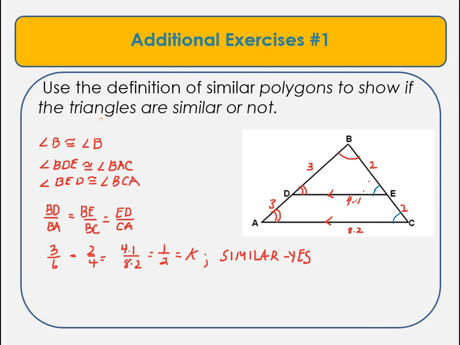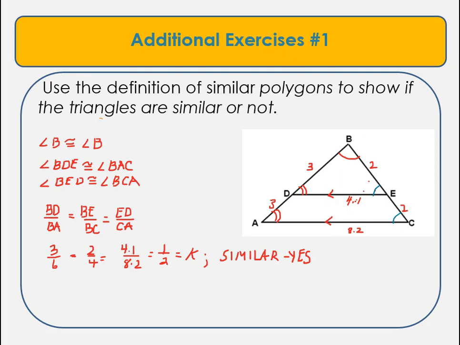Now let's take a look at our sides, and we have on the smaller triangle a length of 3 for BD, DE is 4.1, and BE is a length of 2. For the larger triangle, we add the values together, and BA is 6, BC is 4, and AC is 8.2.